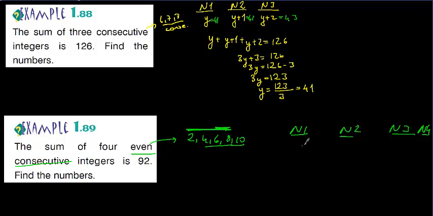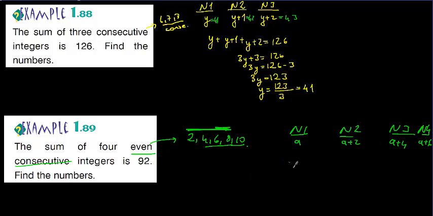Number 1, if I say it's equal to a, then number 2 must be a plus 2. Because between 4 and 6, 6 and 8 and 10, always the difference between consecutive even integers is 2 units. So it's going to be a plus 2, a plus 2 plus 2, which is a plus 4, and the last one is a plus 6.